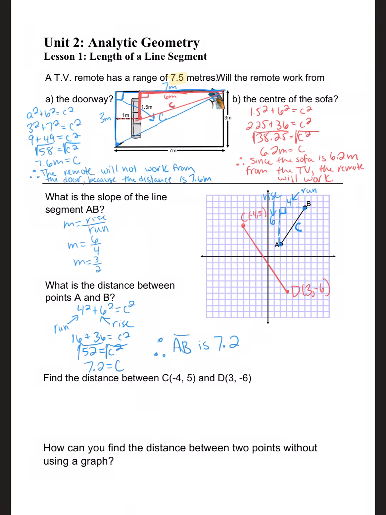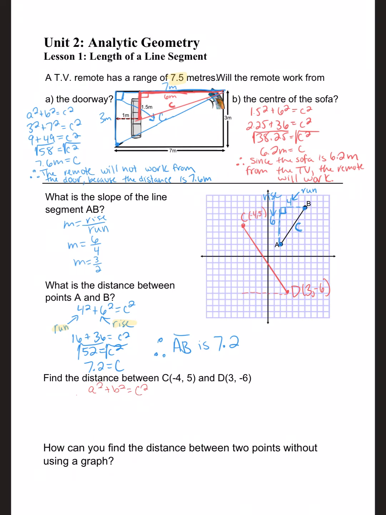Remember, before, all we did was take our run squared plus our rise squared. So using Pythagorean theorem, a squared plus b squared equals c squared, we know that our a can be represented by our run. If we didn't want to put it up on that graph, couldn't we calculate our run?